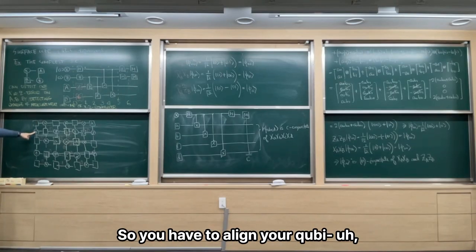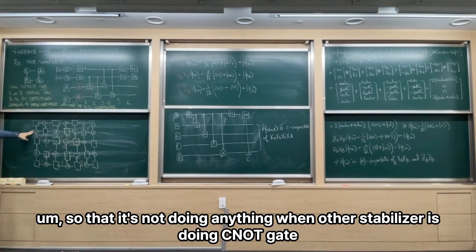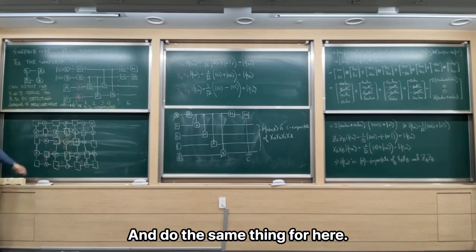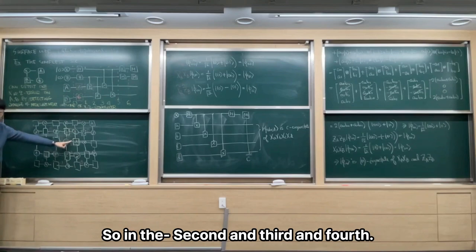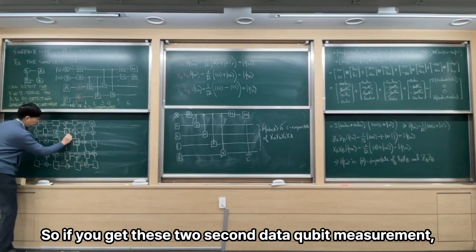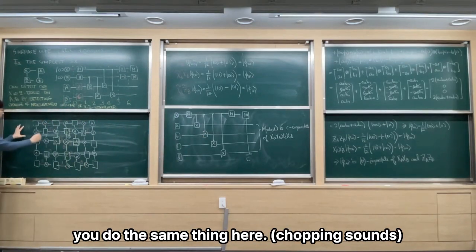You have to align your CNOT gate for this stabilizer so that it's not doing anything when the other stabilizers are doing a CNOT gate to the left. And do the same thing for the second, third, and fourth stages. In the second, the data qubit on the north, you do the same thing here.